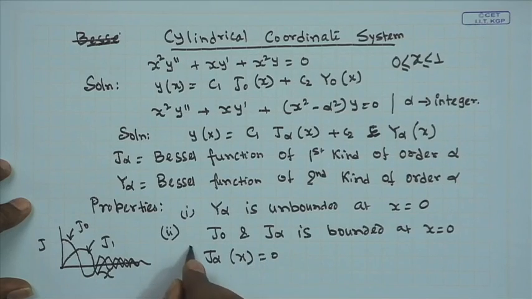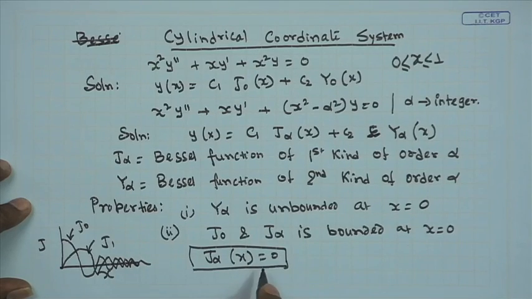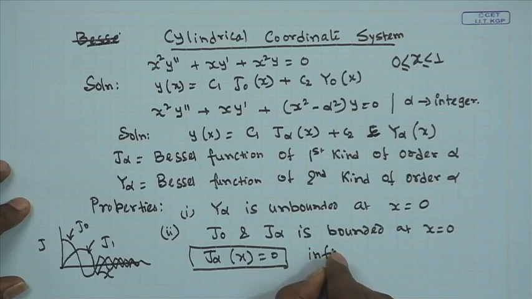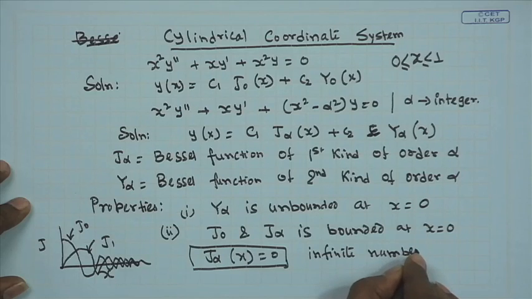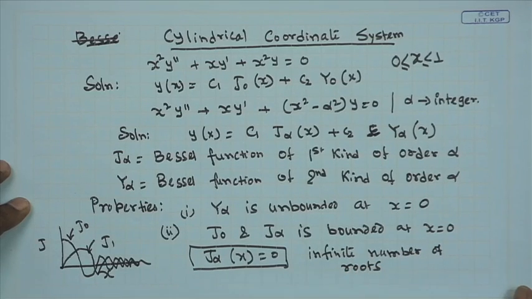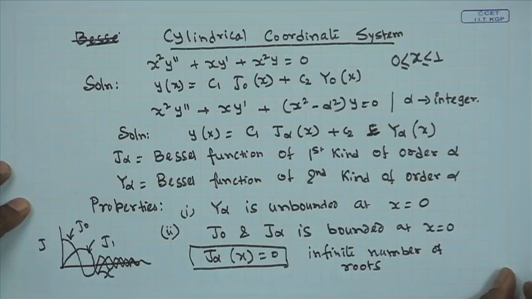So, J alpha x will have zeros, and since it cuts infinite number of times, there will be infinite number of roots of this equation. Each of these roots is basically an eigenvalue of the system.